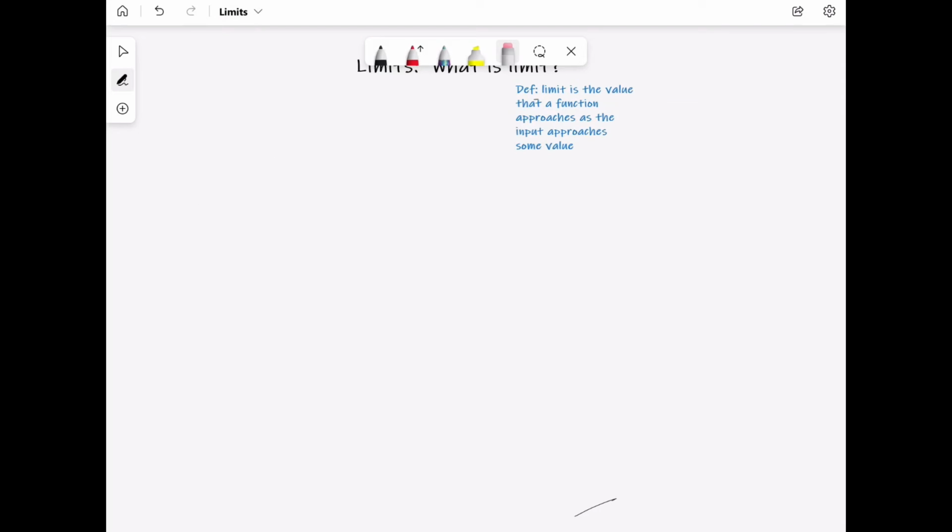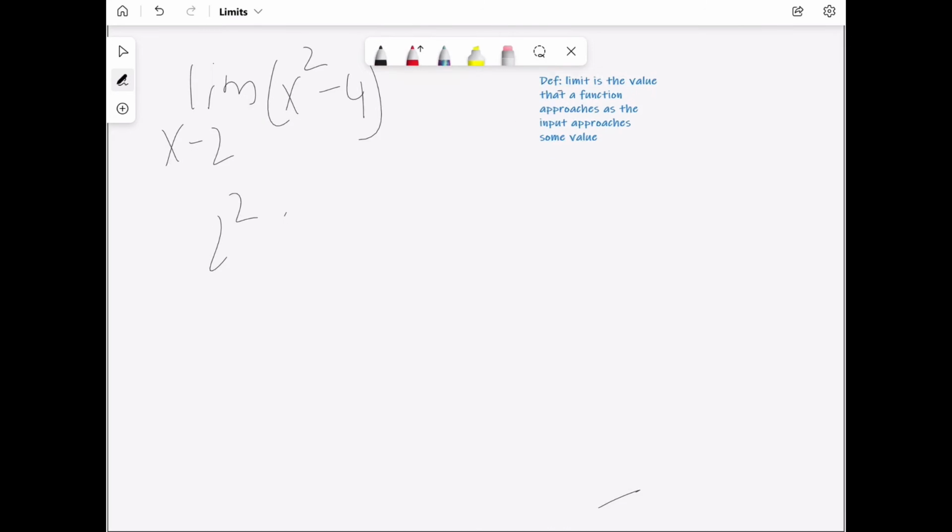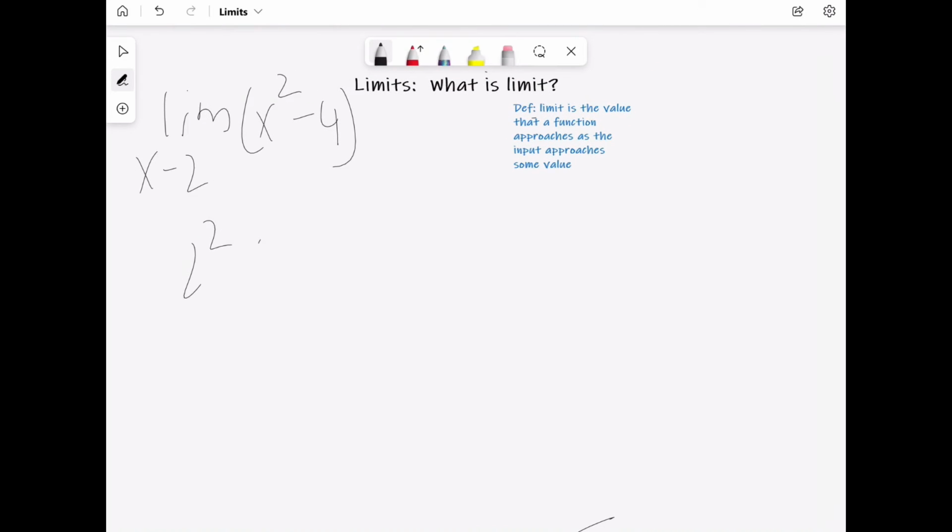Now, let's solve some problems, alright? Let's say we have a problem that says limit as x approaches 2 of the function x squared minus 4. That is actually quite simple. Let's first try to sub it in, alright? Let's see if something goes wrong. That's just 2 squared minus 4, which is 0.